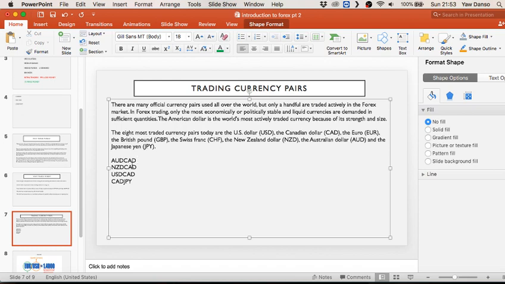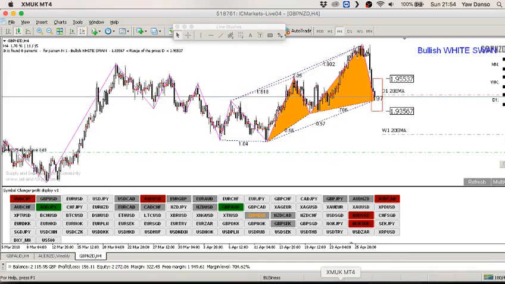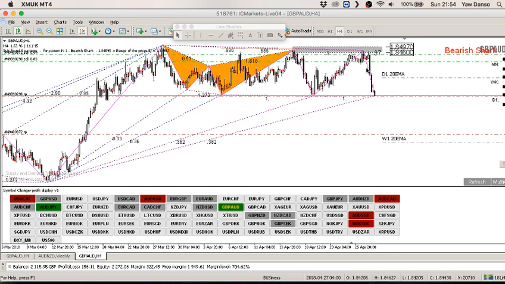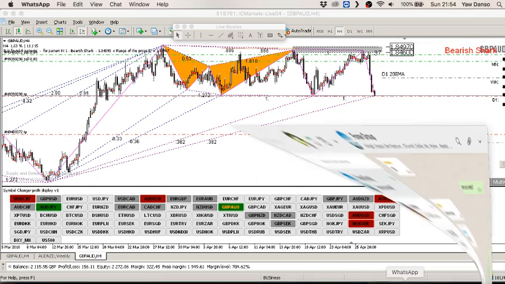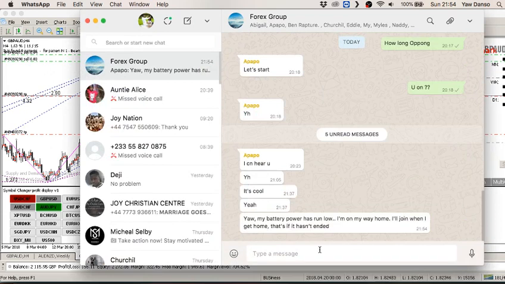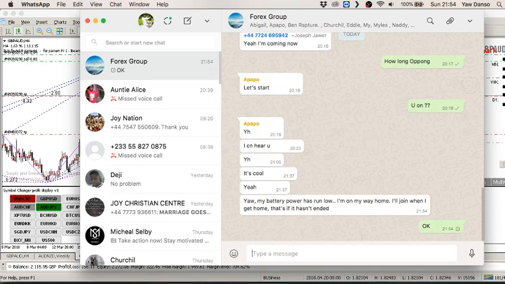Okay. So if, for example, let me take the British pound, the GBP AUD. So this is the one I was talking about. This is the pair that I just showed you guys.